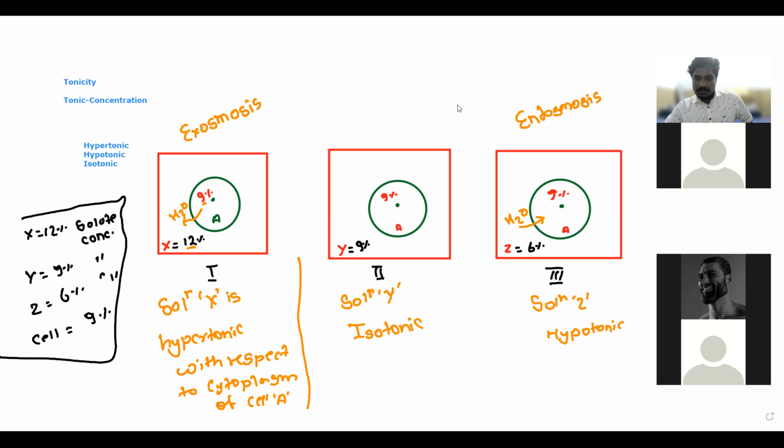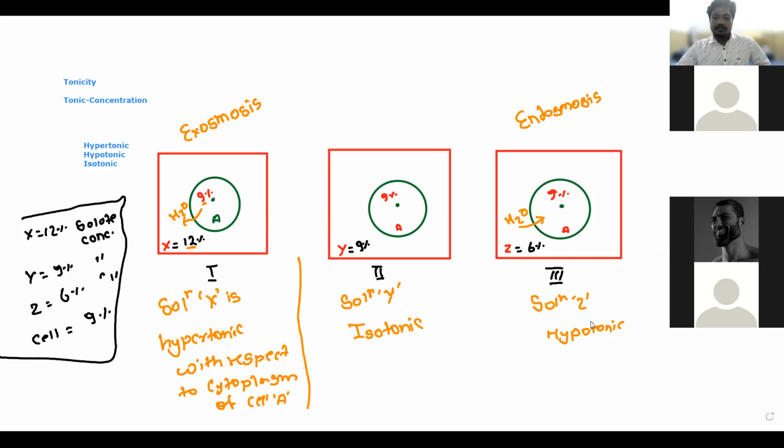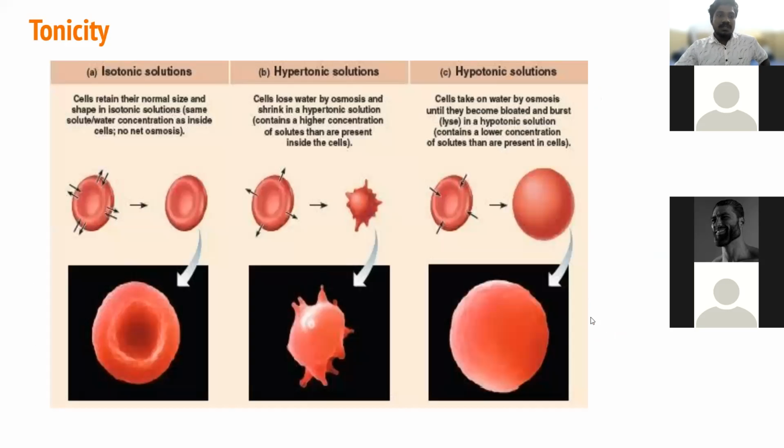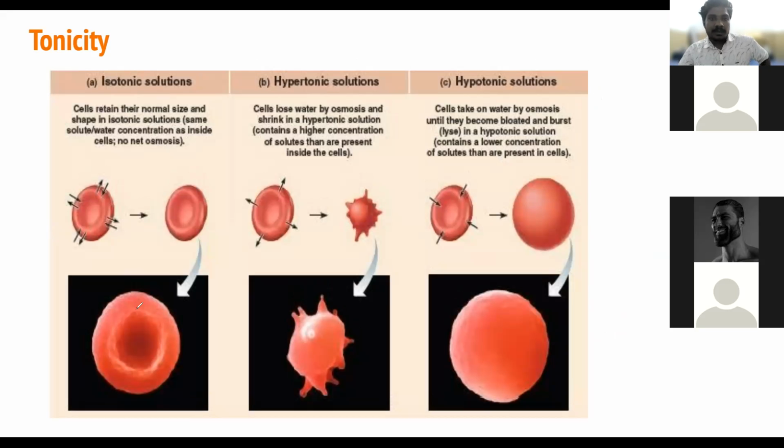So let me show you something. Can you see this tonicity example? If I keep a red blood cell in an isotonic solution, then the shape of the red blood cell will be the same. But if I keep a red blood cell in a hypertonic solution, it will lose water and shrink. And if I keep a cell in a hypotonic solution like distilled water, then it will become turgid.